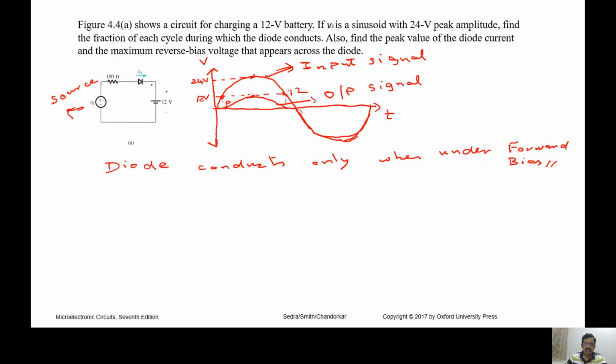If I were to take the output over here, I can see that output over here. So that is the output signal. We can see that output when the diode is conducting, so we can write simply: when V input exceeds or equals 12 volt, the diode will conduct.